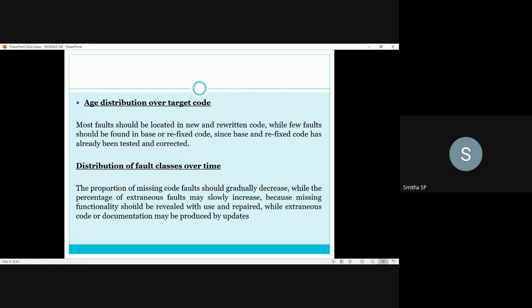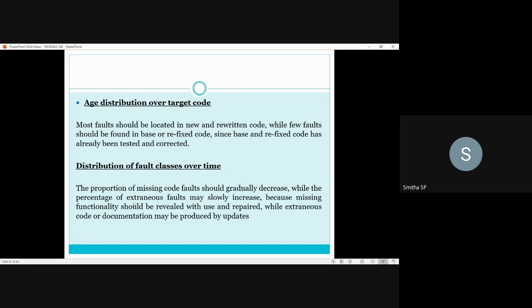That's why it is called refixed. You have already fixed it once, so once again it is being tested, and if you identify faults, you give it for refixing. The chances are very low here, so you can identify few faults in the base code or the refixed code, since the base and refixed code has already been tested and corrected.